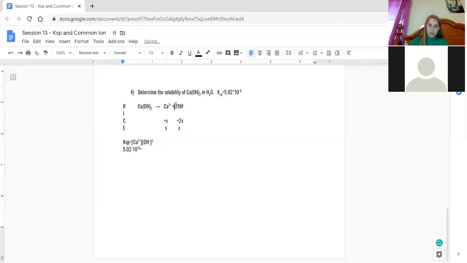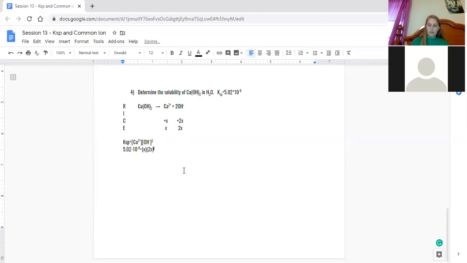This is plus 2x because of this 2 here, and this is 2x because that's what we're doing now. So then for this one, we're going to have x for calcium here, and then we're going to have 2x squared.